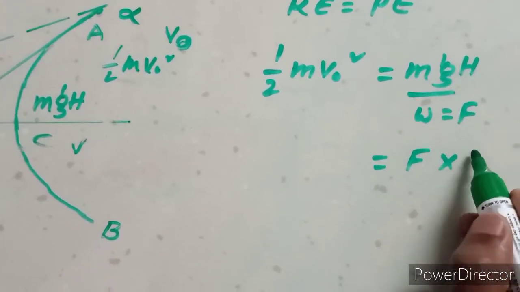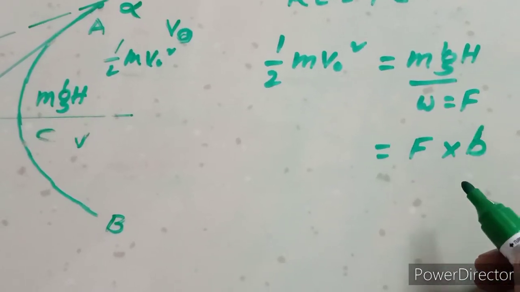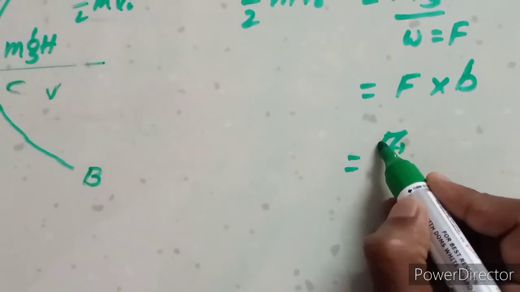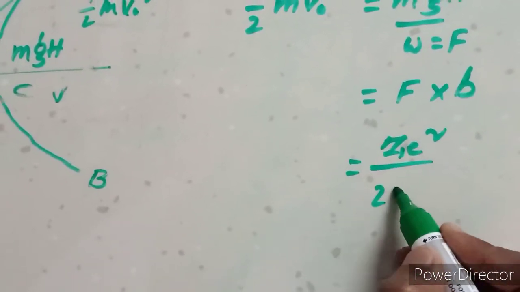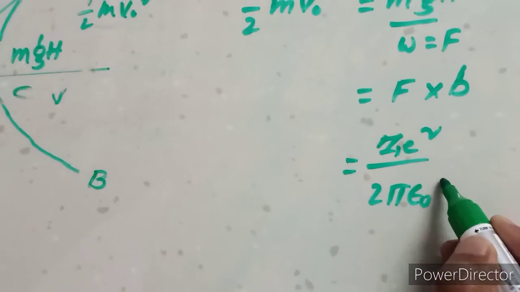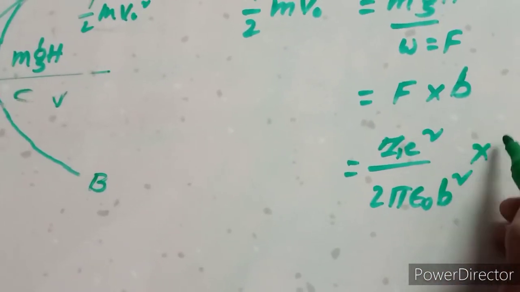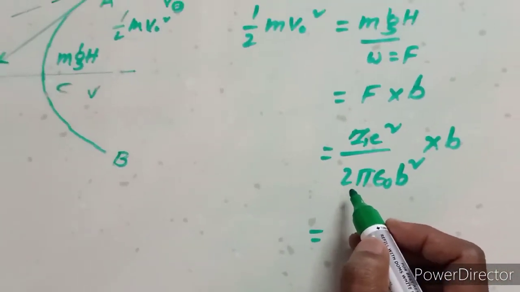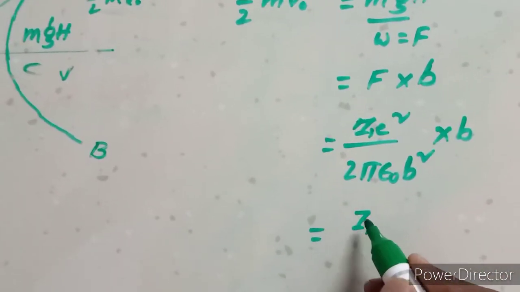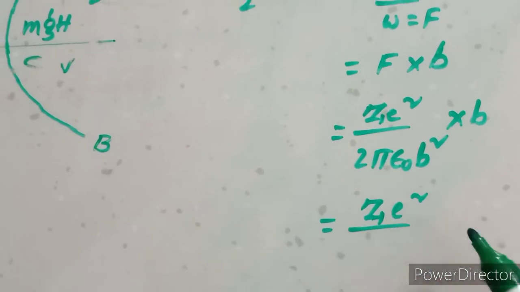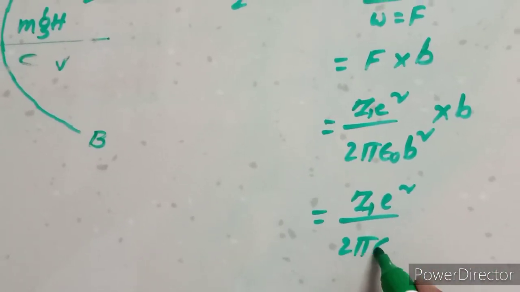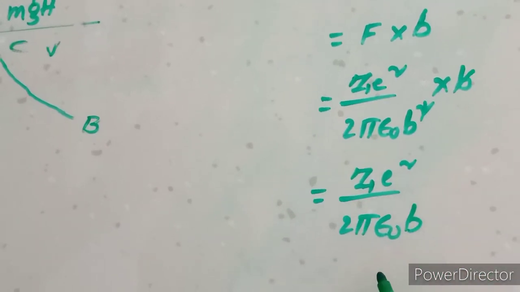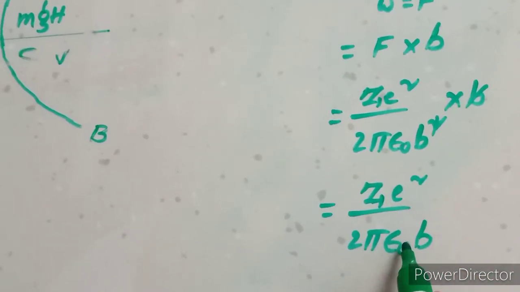That distance is the closest distance of approach. So the force is Ze square upon 2 pi epsilon naught b square, into b. Finally the potential energy equals Ze square upon 2 pi epsilon naught b, after one b cancels. So this is the potential energy.